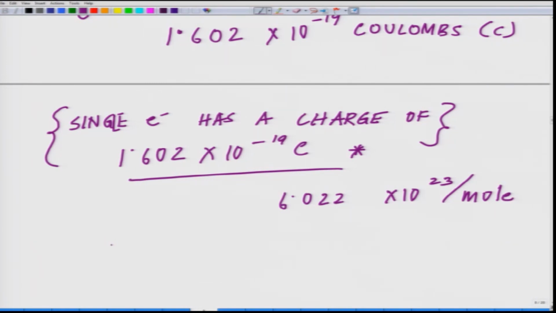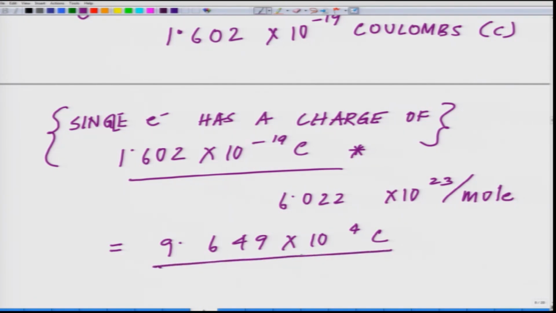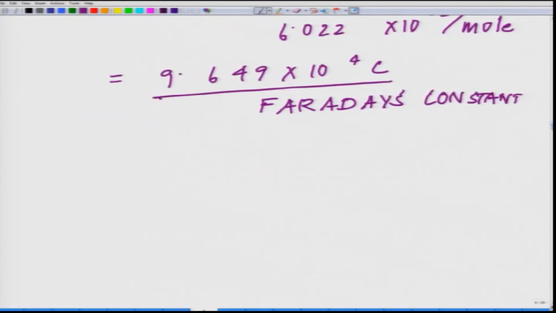So, the value you get is 9.649 into 10 to the power 4 coulomb, and this is what we call Faraday's constant. So, conceptually, a single electron has a charge of 1.602 into 10 to the power minus 19 coulombs.